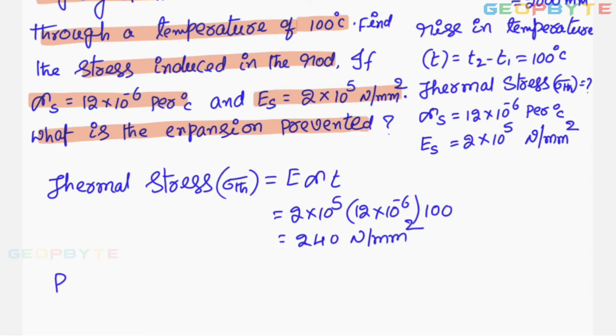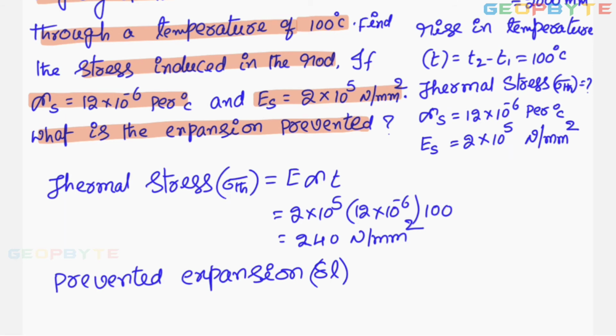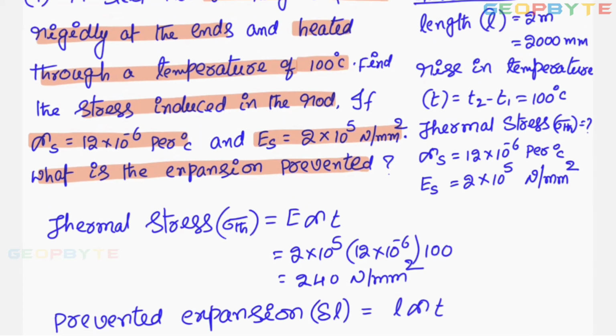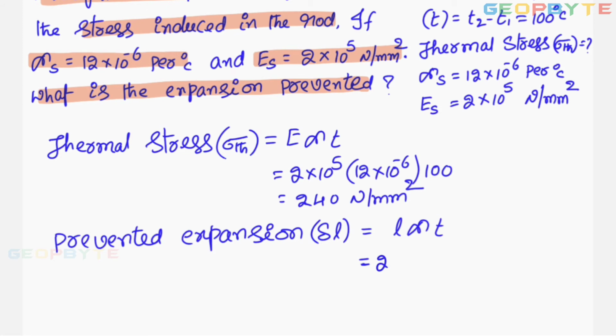So prevented expansion delta L equal to L into alpha into T. L given is 2000, alpha equal to 12 into 10 raised to minus 6.